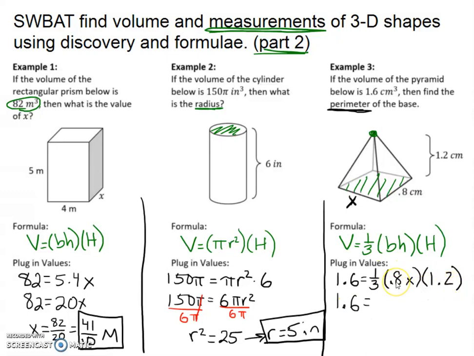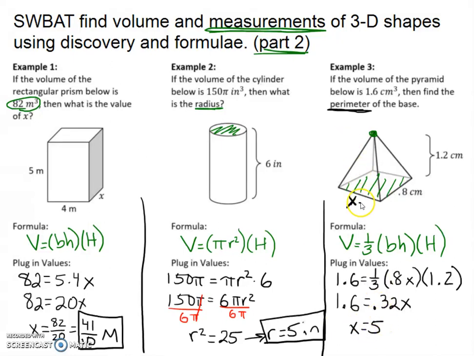So when we do that, 1/3 times 1.2 times 0.8 comes out to 0.32. Normally I would write fractions, but because this problem gave me decimals, decimals are appropriate. When I divide 1.6 by 0.32 to get x by itself, this comes out quite nicely to 5.